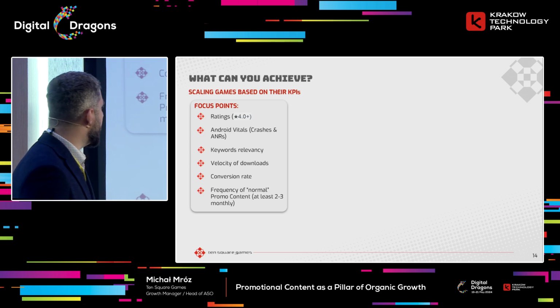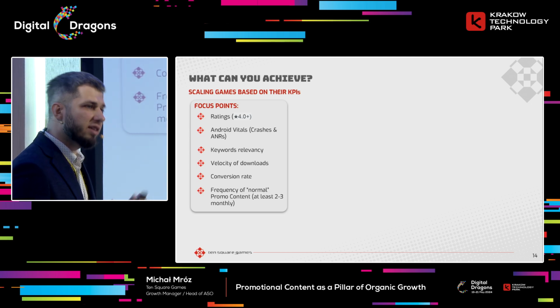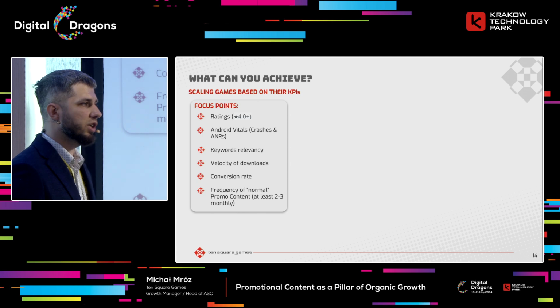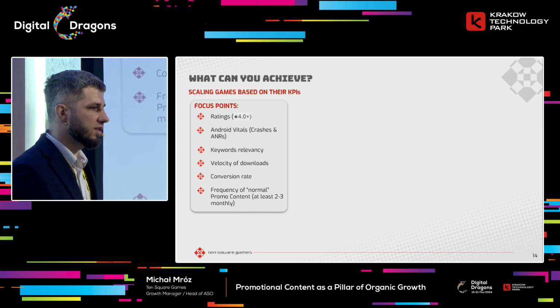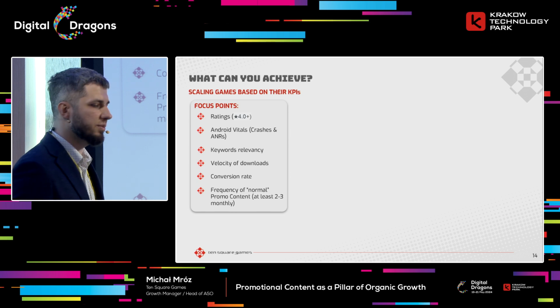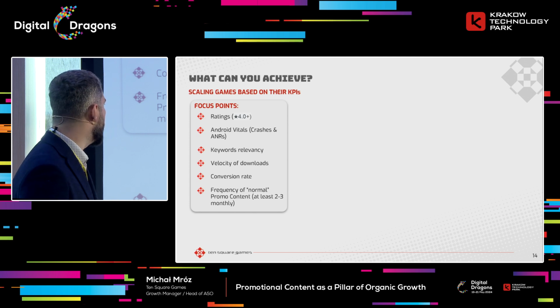You should also take care that you have a good internal score from Google Play for keyword relevancy. This is not something that is widely available, but the descriptions in your promotional content should be somewhat familiar to those you have in your store listings. So the algorithm can see that, okay, this is content that is really similar to what we have in the game.